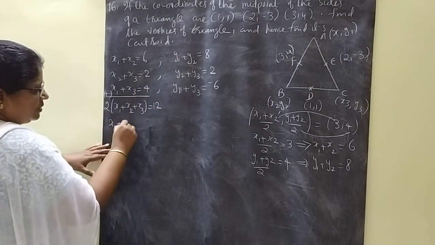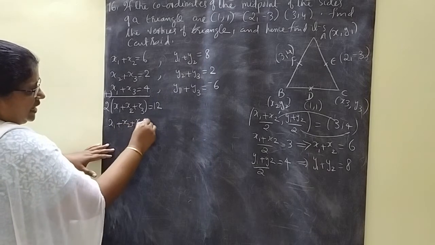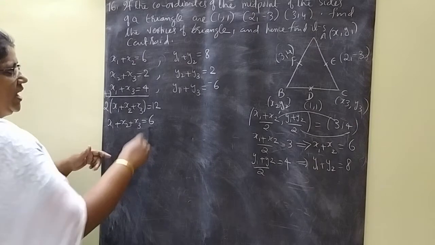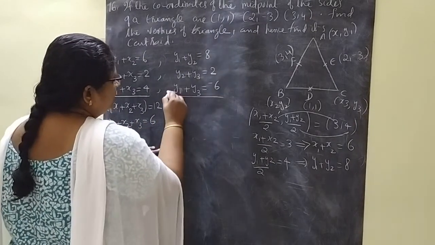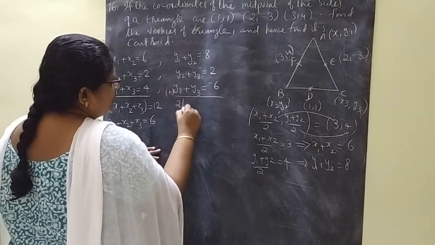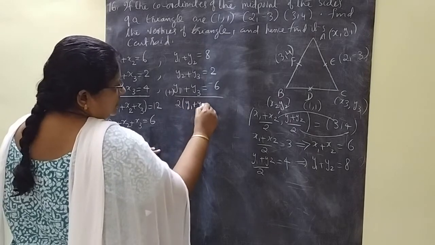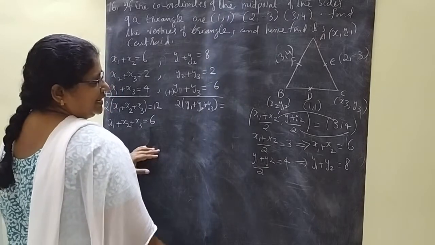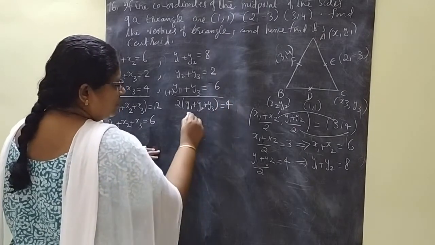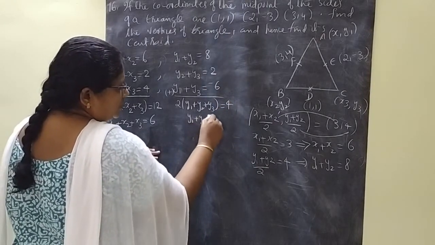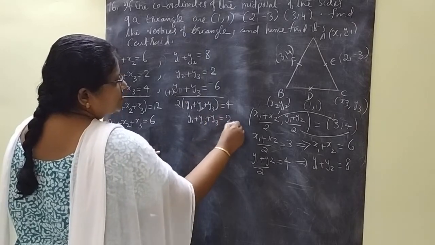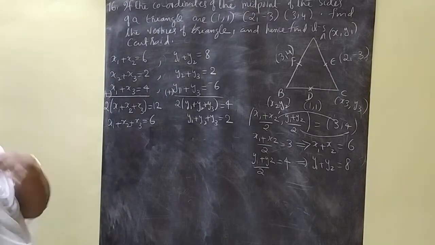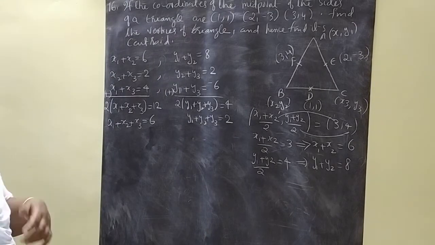Or x1 plus x2 plus x3 is equal to 6. In the same way, if we add the y equations, we get 2 into (y1 plus y2 plus y3) is 8 plus 2, 10, 10 minus 6, 4. So y1 plus y2 plus y3 is equal to 2.